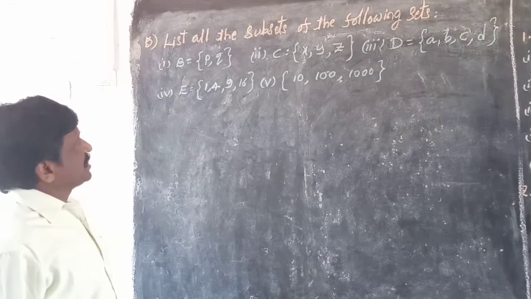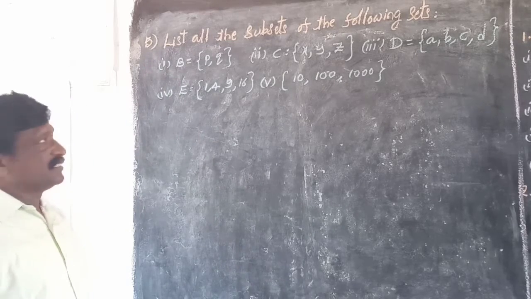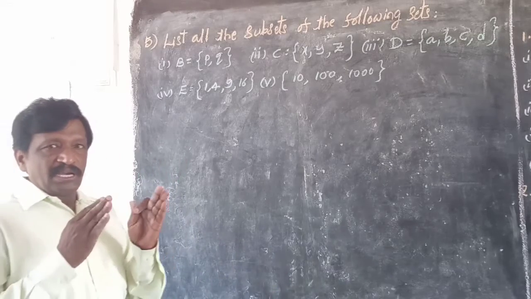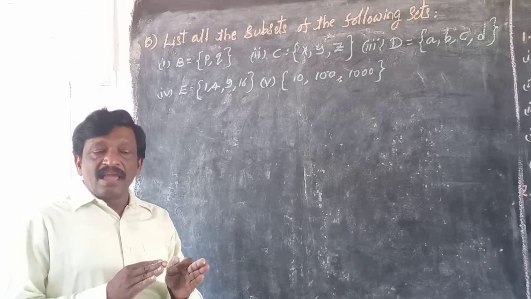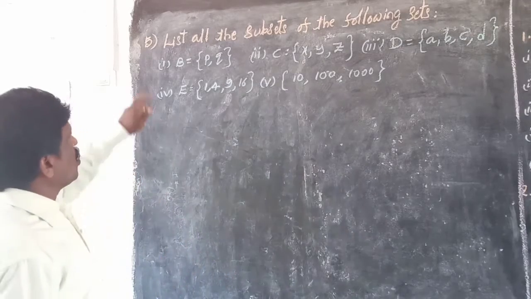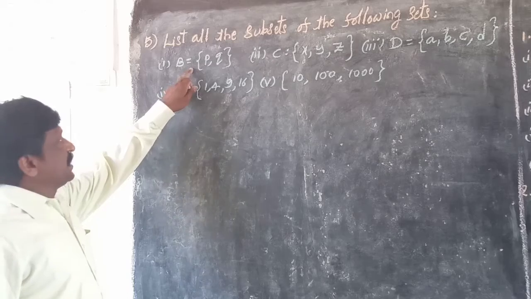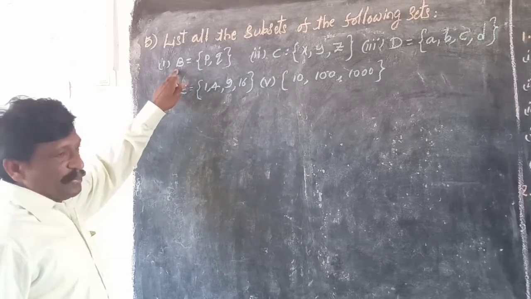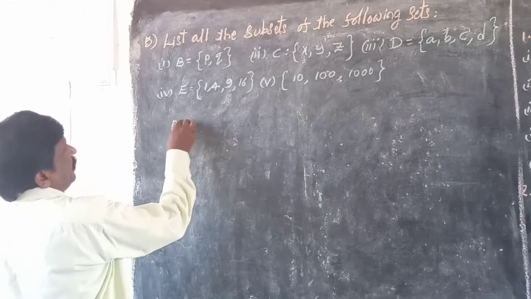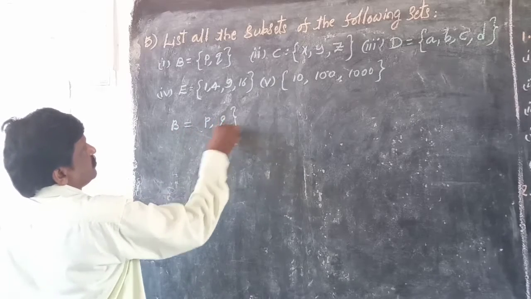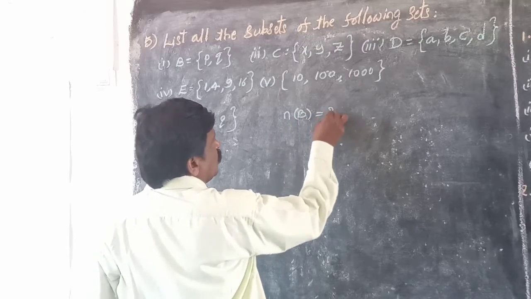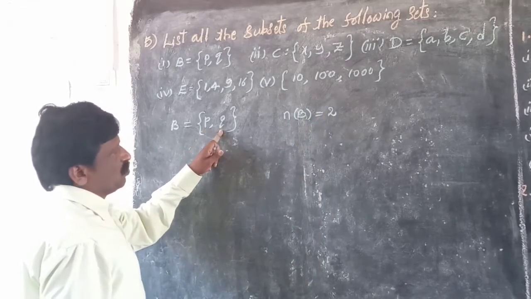List all the subsets of the following sets. Subset: the elements are in A and in B, so A is a subset of B. So how many subsets does B have? B is {P, Q}. The number of elements in B is 2.